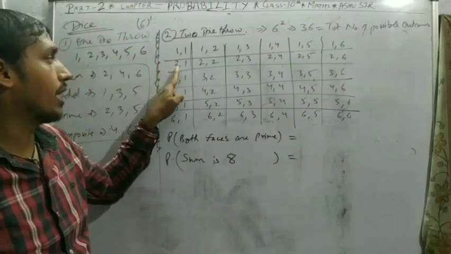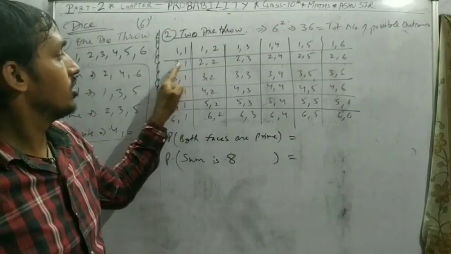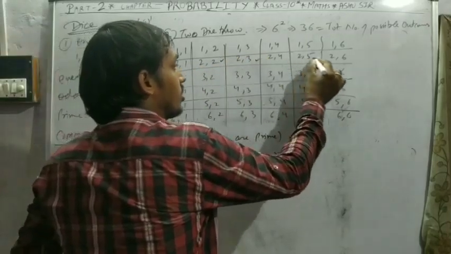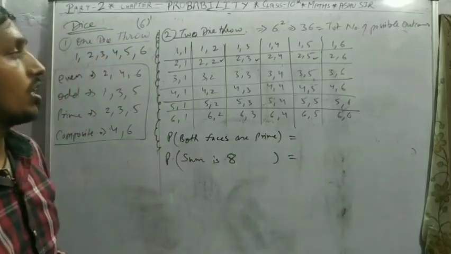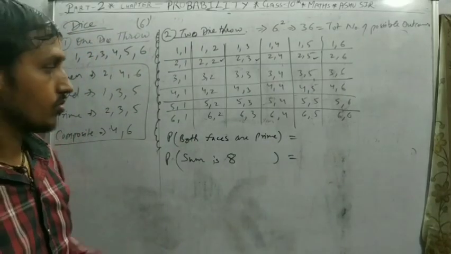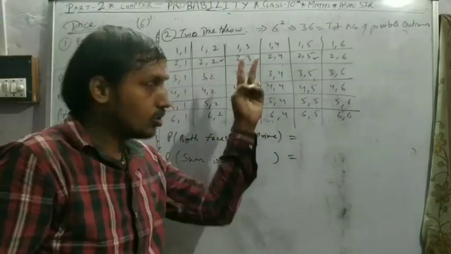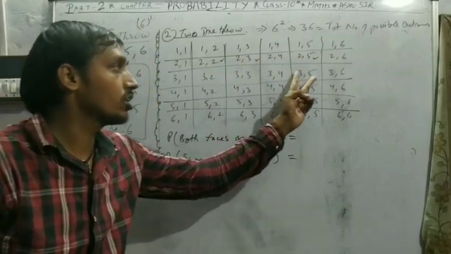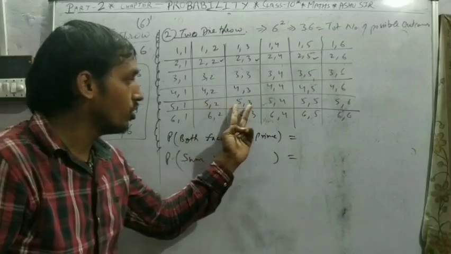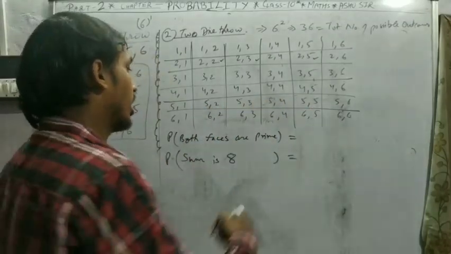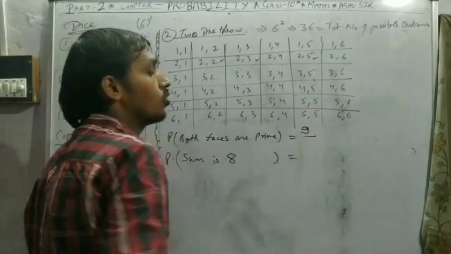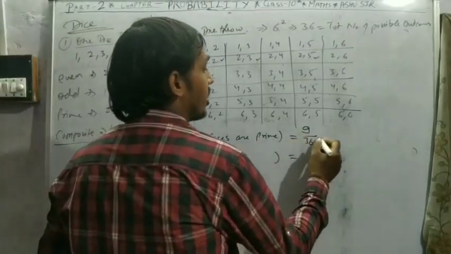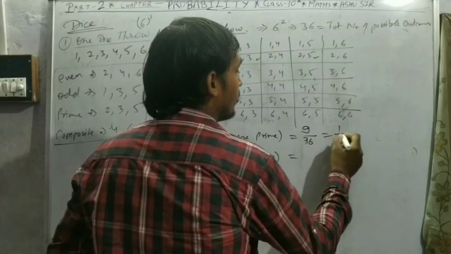In the second line, the first is prime, and these 3 are both faces prime: 2,2 both prime, 2,3, 2,5 same. 3,2, 3,3, 3,5. 5,2, 5,3, 5,5. So there are 9 outcomes which have both faces prime upon 36. So 1 by 4.